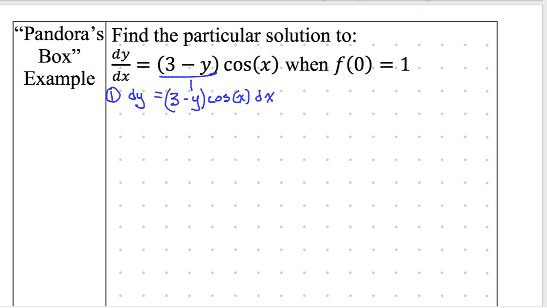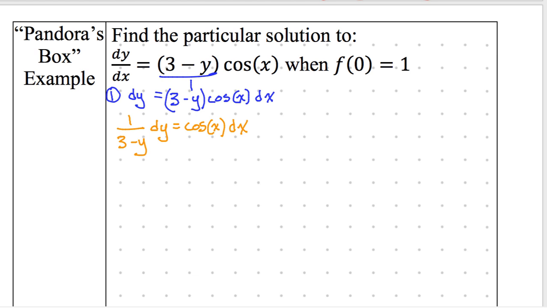And trying to get the y on the left-hand side means I'm going to divide by 3 minus y. So I'll have 1 over 3 minus y dy is equal to cosine of x dx. All right, that was step 1.